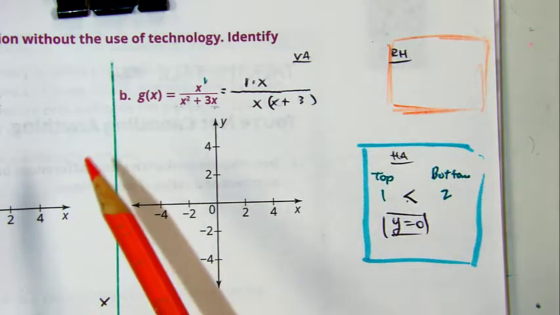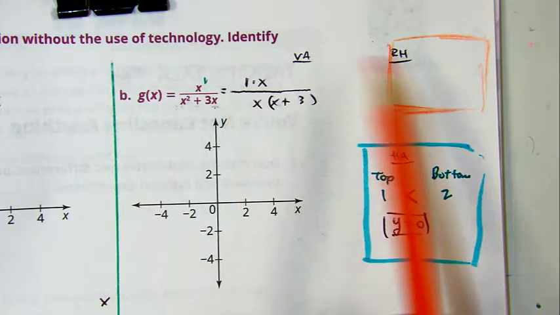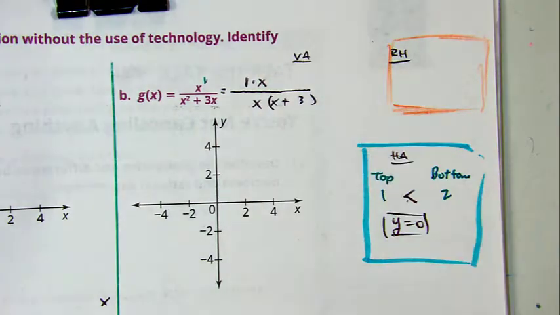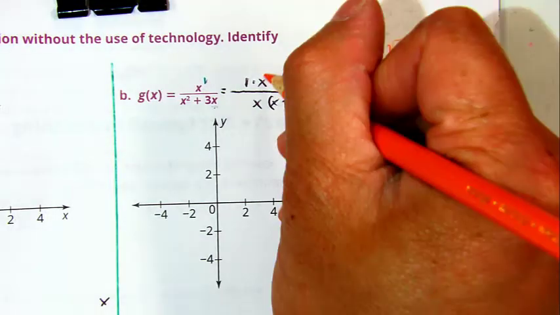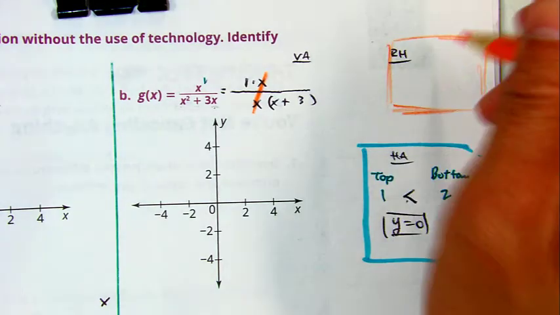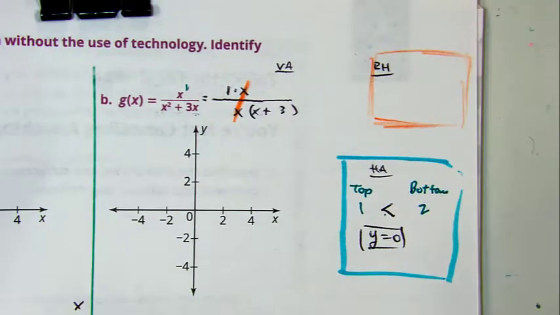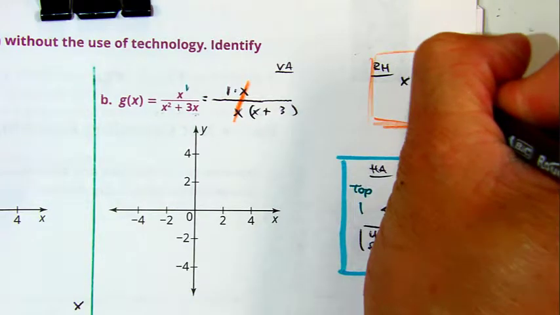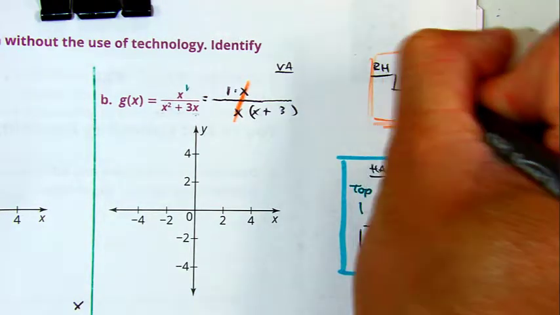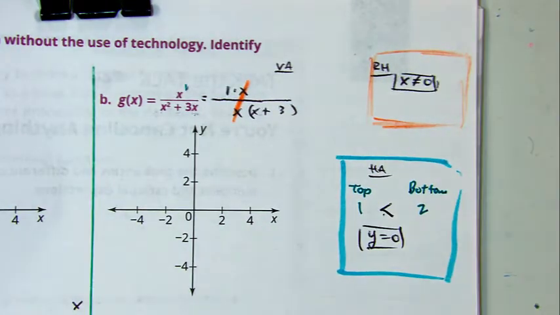If you had to tell someone, how do you find a removable hole? We just factored it. Correct. What am I canceling? The x's. So what are you going to write in the box? Correct. We'll write not equals 0. So we have a removable hole there.